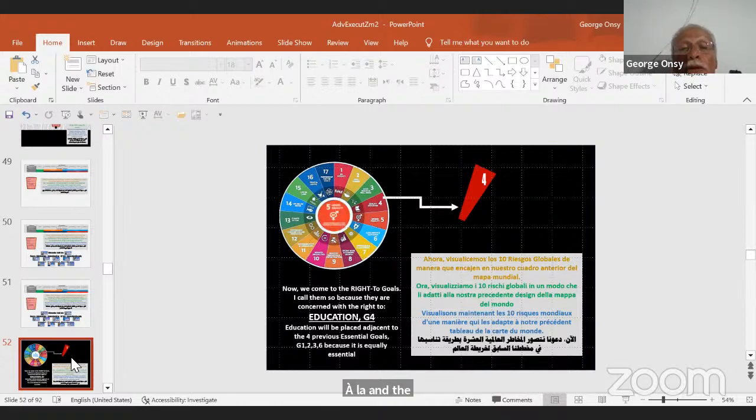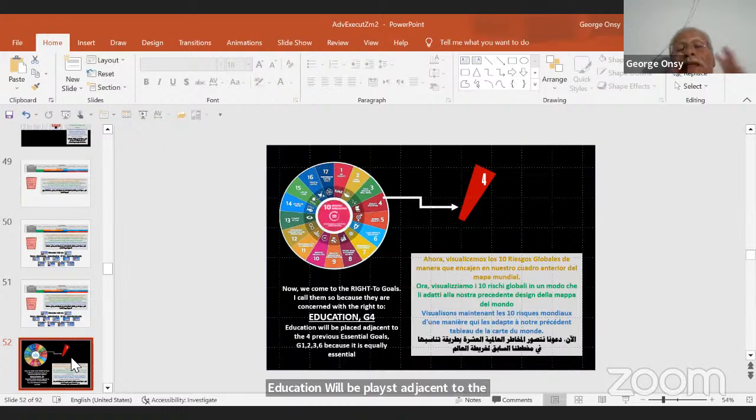I call them so because they are concerned with the right to, first, education. So this is G4, education, accessibility of education, or education for everybody. Education will be placed adjacent to the 4 previous essential goals.